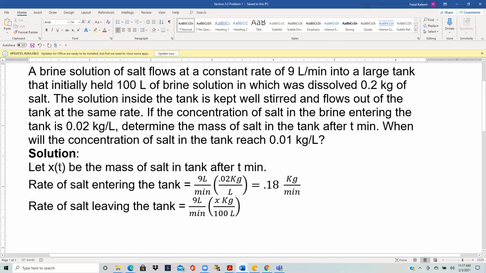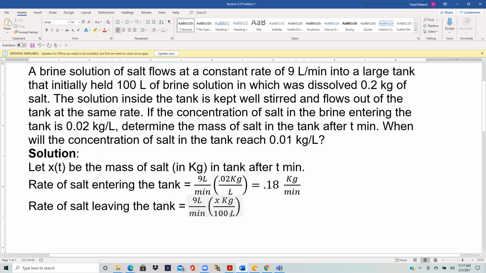Now we know that x is the mass of the salt, so let's say in kg, divided by the amount of liters. The 0.02 that we had for the inflow is now x for the outflow, divided by the amount of liters.